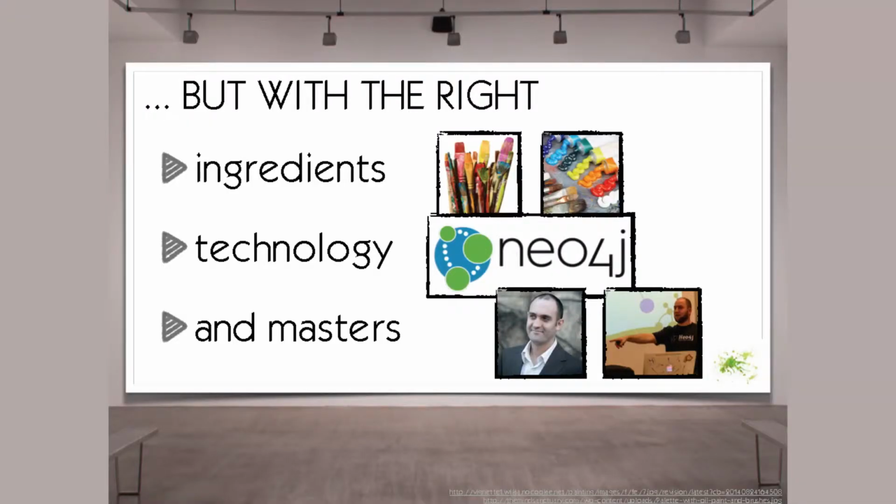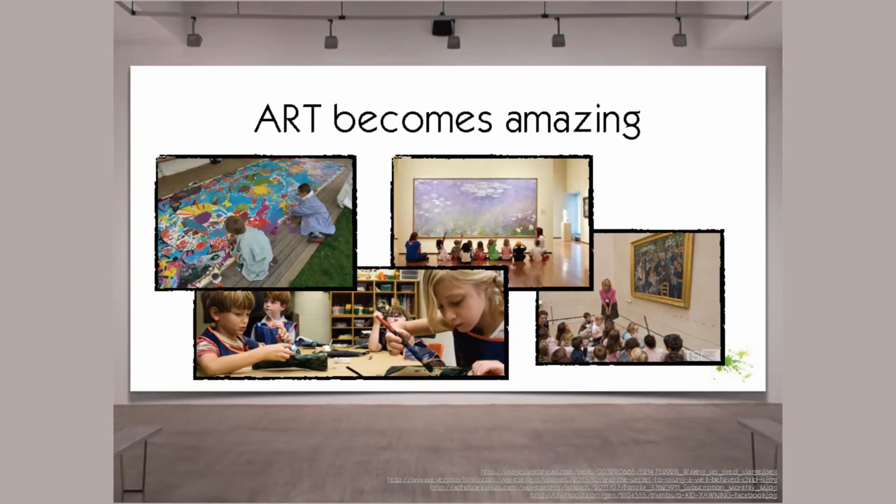So we like to show art with the right ingredients, color for example, and with the right technology, Neo4j. We are here with the help of our masters, Jim and Michael. Art becomes amazing.